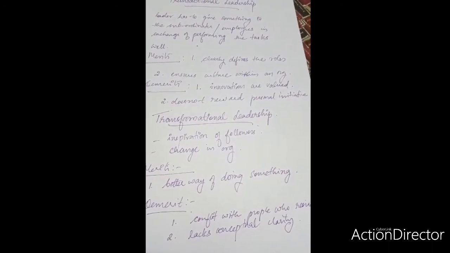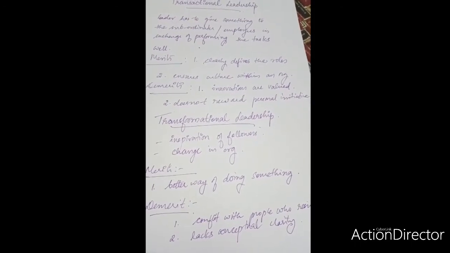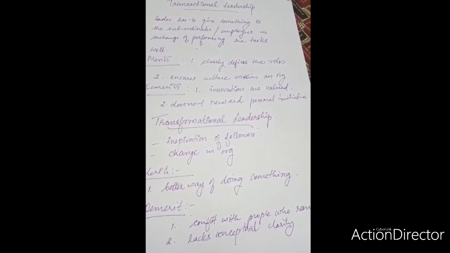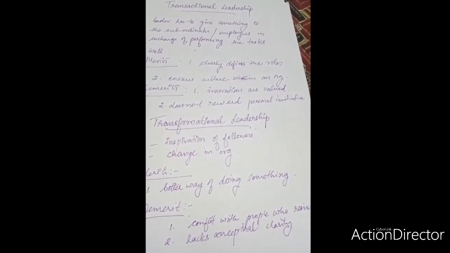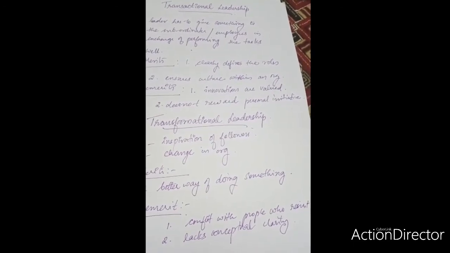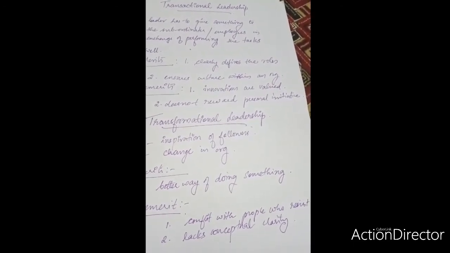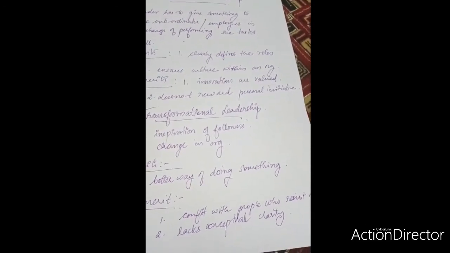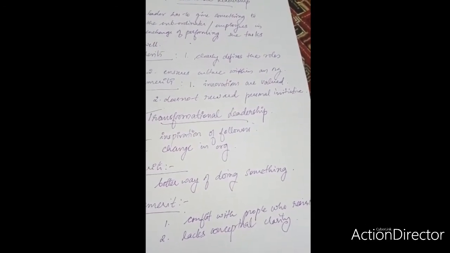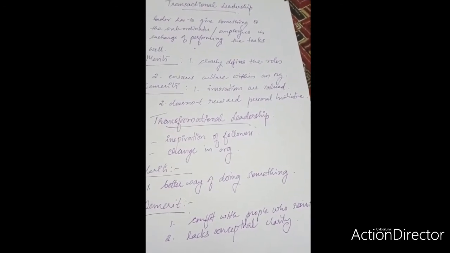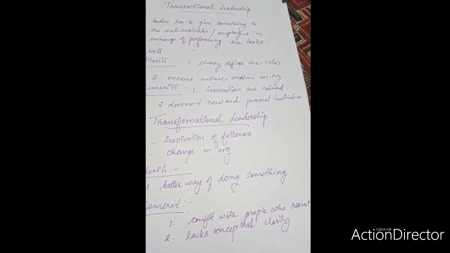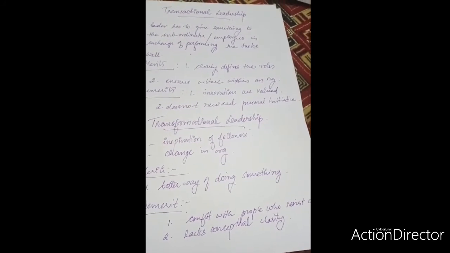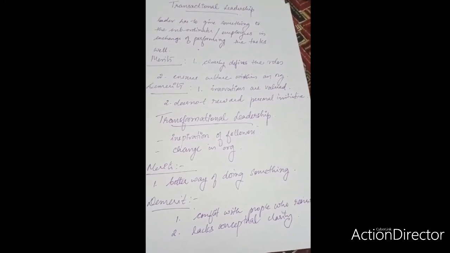Transactional is nothing but giving; a leader has to give something to the subordinates, in the form of rewards or an increase in salary or incentive or promotion for doing work for the company. That is transactional leadership. There is no change for any set of rules or regulations, or it's a traditional form of leadership. That is why it is called a traditional form of leadership.